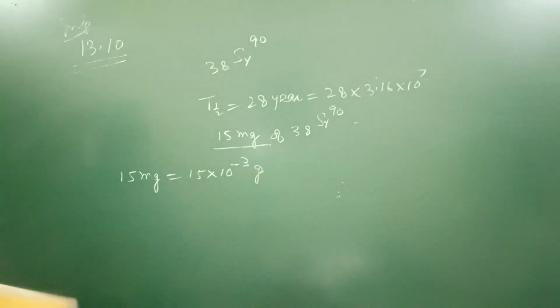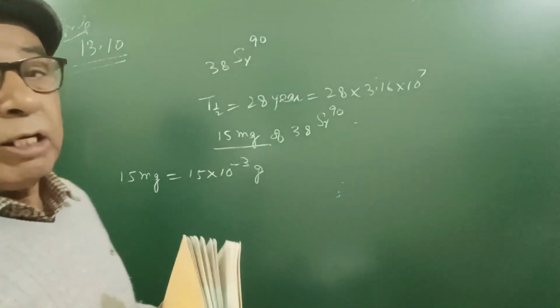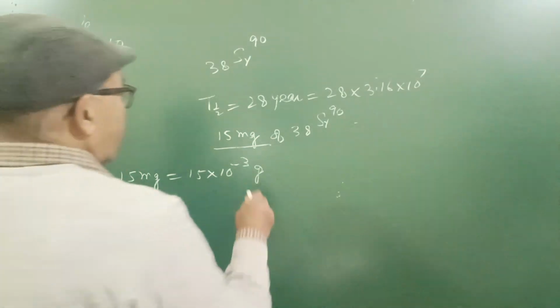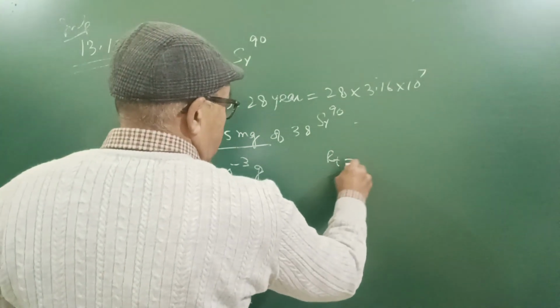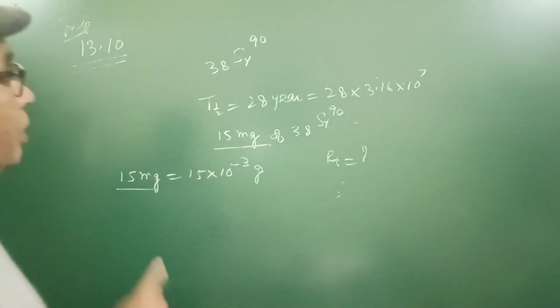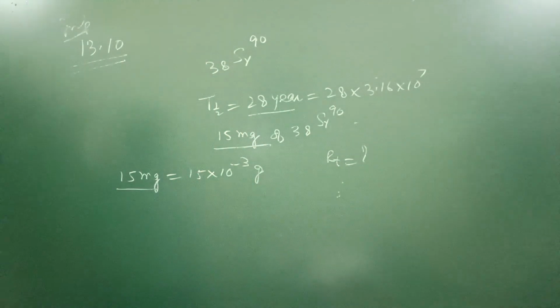Why grams? Because 90 gram of strontium has 6.0 into 10 to the power 23 atoms. So you are asked what is the rate from 15 milligram of strontium 90 if the half life is 28 years.